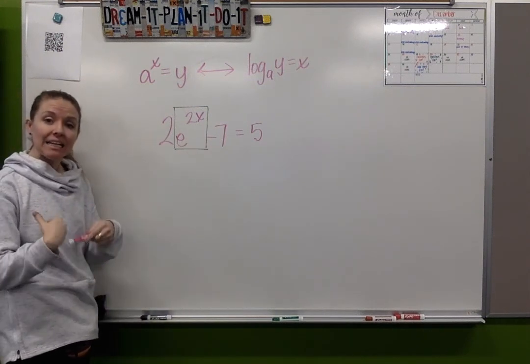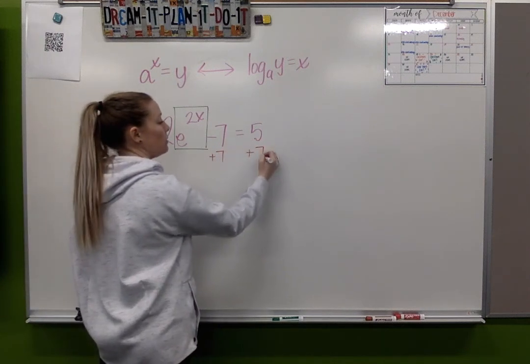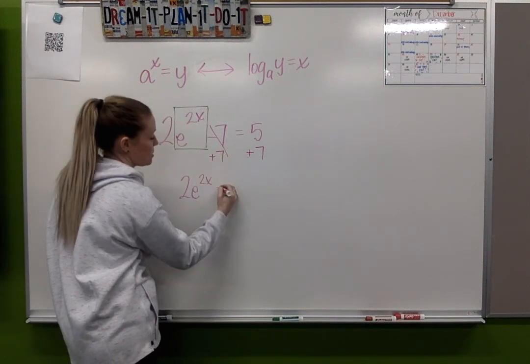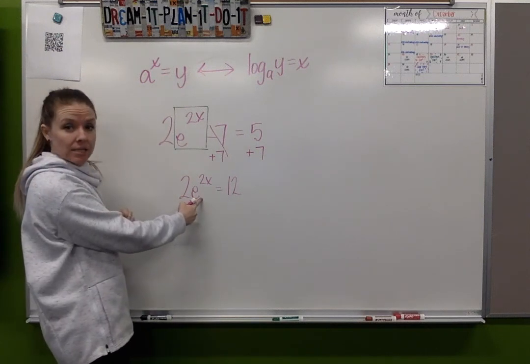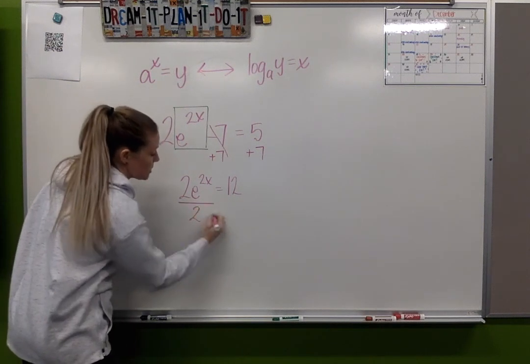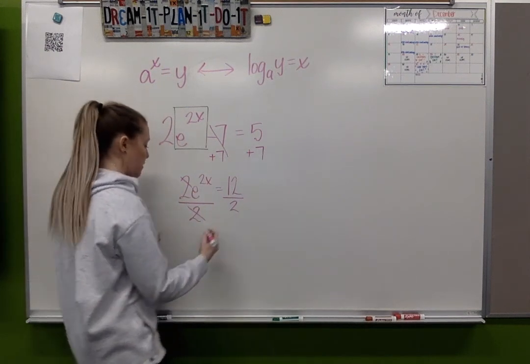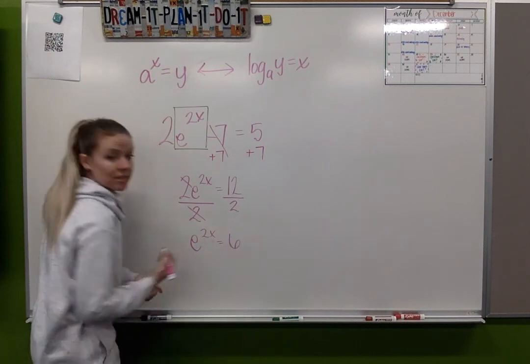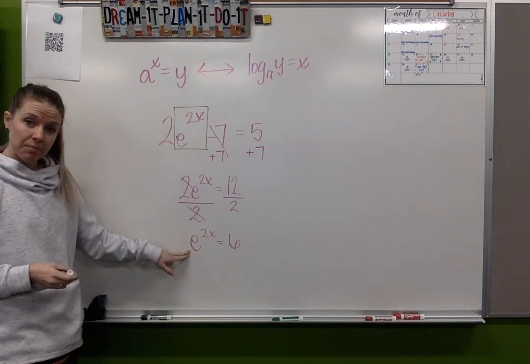To isolate e to the 2x, I'm going to start by adding the 7 over. So we get 2e to the 2x equals 12. Still got to isolate the base, so I'm going to divide both sides by 2. And now we have e to the 2x equals 6. Okay? We've now isolated the base.